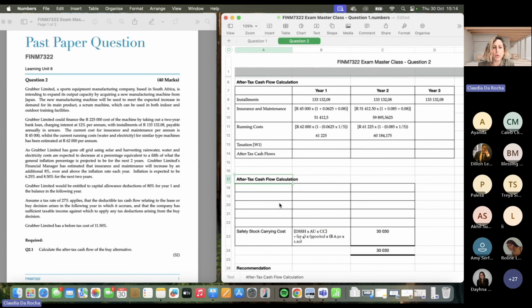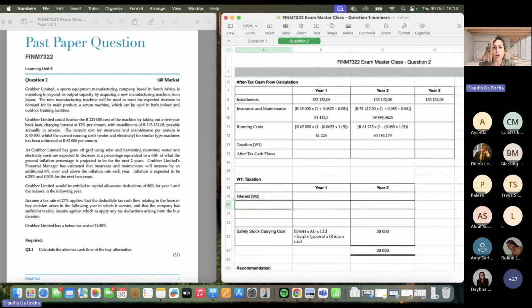Now we're going to do our working one, which is the taxation. With your taxation, we have to follow normal tax principles. The first thing is your interest, which will be a deduction. That will be a separate working, which we need to do.